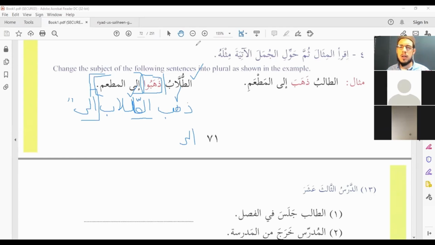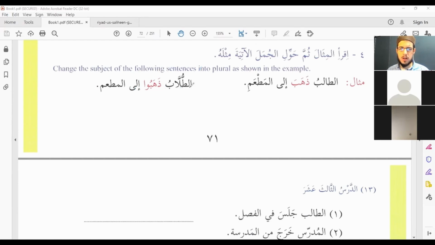Yes. Okay, let me try to put it this way. We communicated that there are default syntaxes, or default word orders, for both the jumla ismiya and the jumla fi'liya. The default word order for a jumla ismiya is mubtada and then khabar.